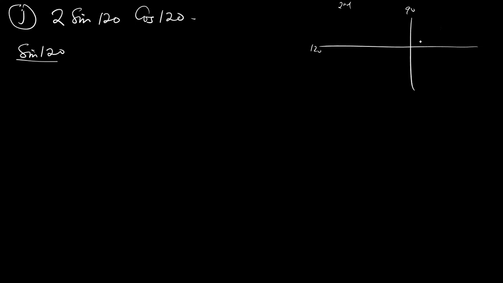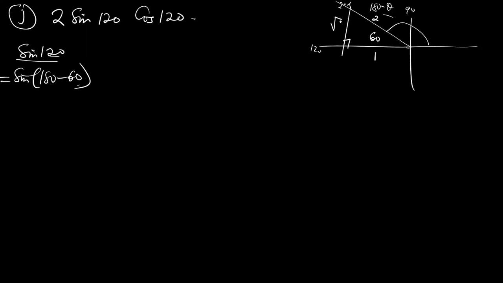Here you have 180 minus theta. What will you subtract from 180 to get to 120? The value you subtract is 60. So 180 minus 60 will give you 120. So sine 120 is the same thing as sine of 180 minus 60. So for sine 60, you have here 2, here is 1, here is square root of 3.